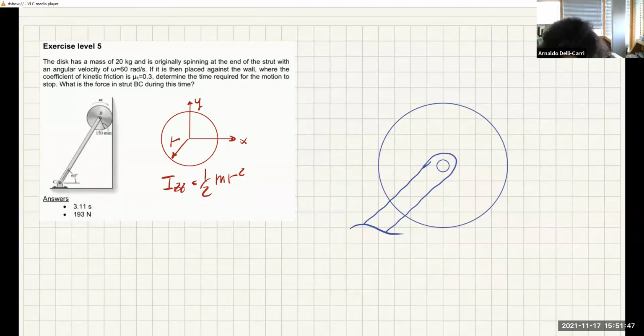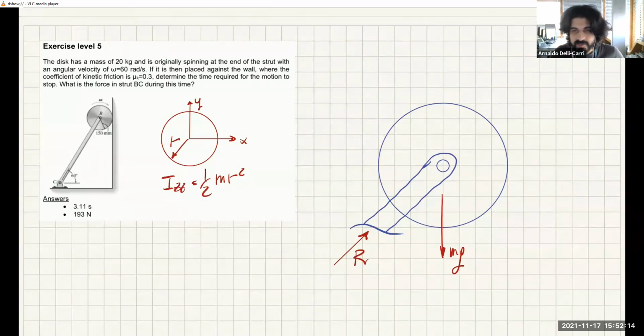How many forces are acting on this disk? Of course, we have the weight of the disk itself, mg. We have the force from the strut. Now this is pinned here and is pinned here, so this is a truss member. Basically, it's a rod, so you know that the force must be along the rod. Let's call this the reaction from the strut.